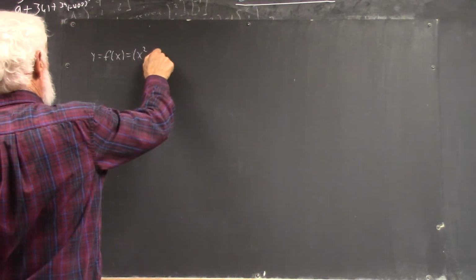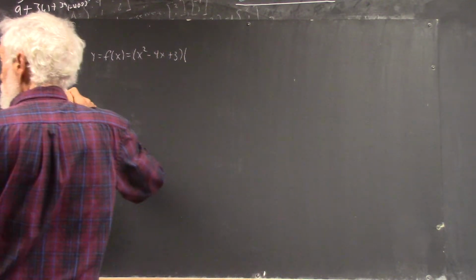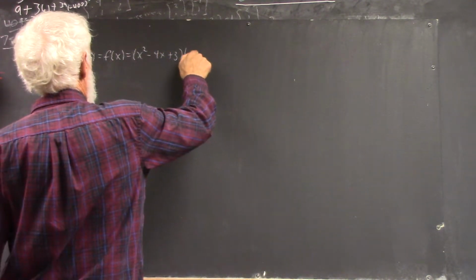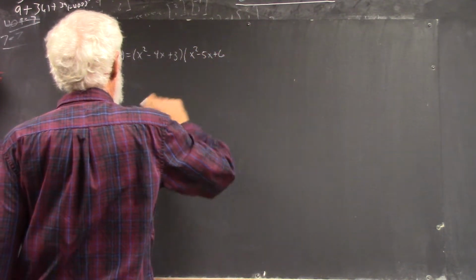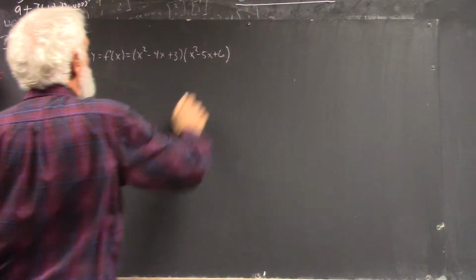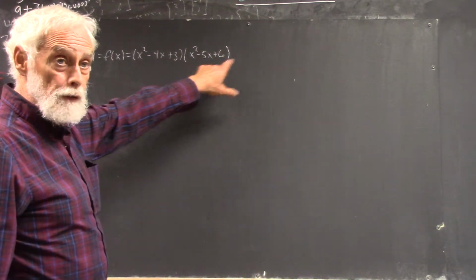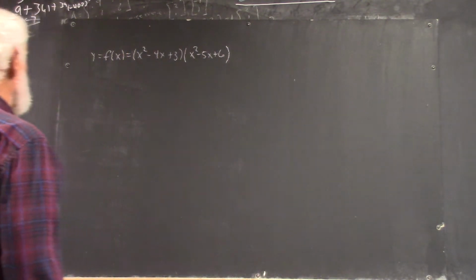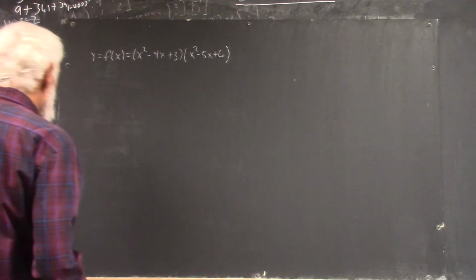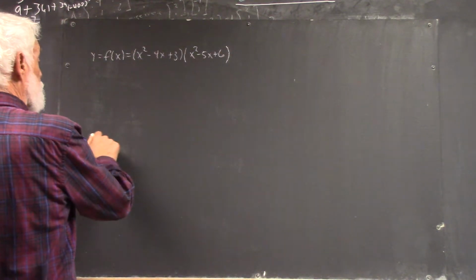Minus 4x plus 3. Okay, this is the first expression where you got the solutions 1, 2, 3. If this is a function now, we can talk about the graph of the function.